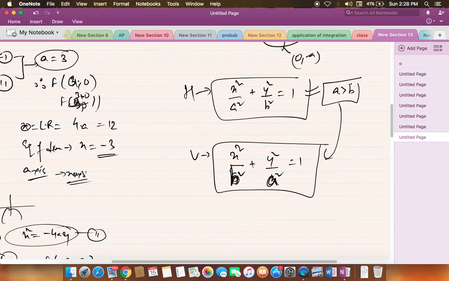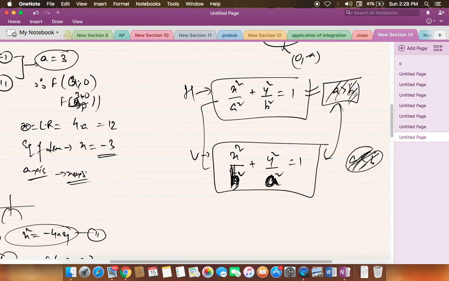Both have the same conditions. Some books write it the same and write a is less than b, but don't fall into that confusion. This concept will be taken throughout the classes that we do on the ellipse.